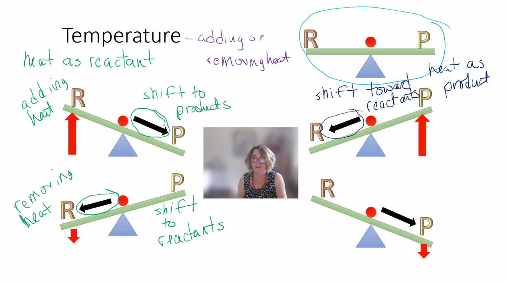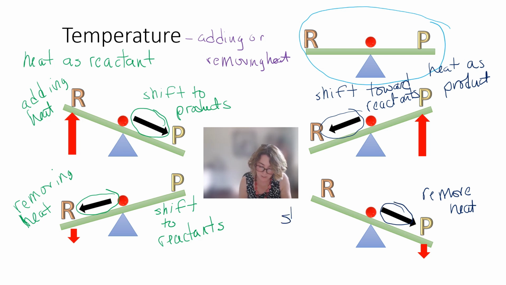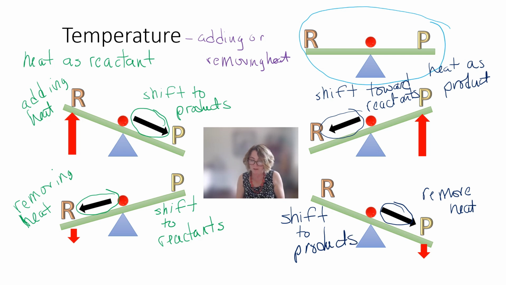And on the flip side, if I remove heat, I cause the ball to shift towards the products, and so in this case my equilibrium will shift to the products. Now I will tell you, this takes a lot of reasoning and going through over and over again until it really starts to stick. So definitely practice this as much as you can.